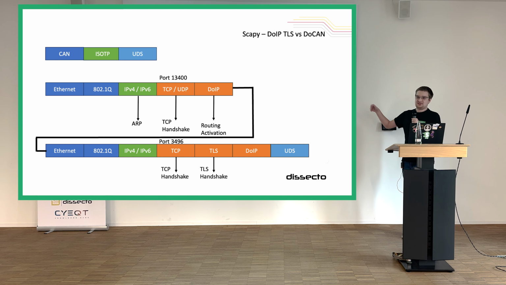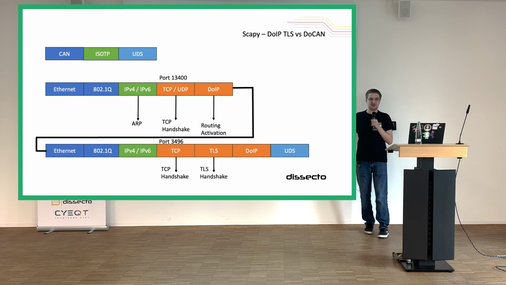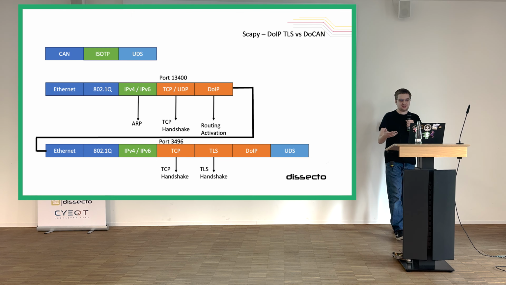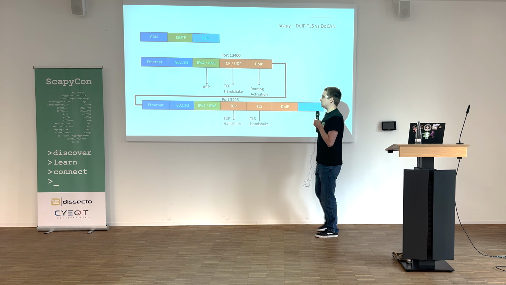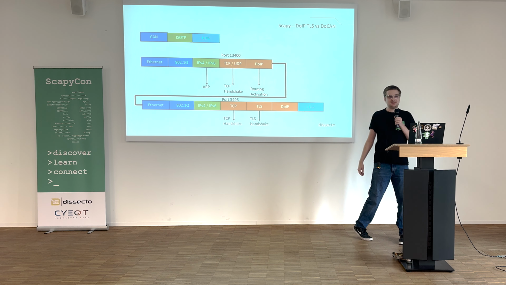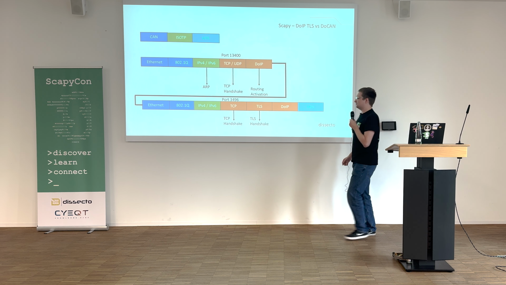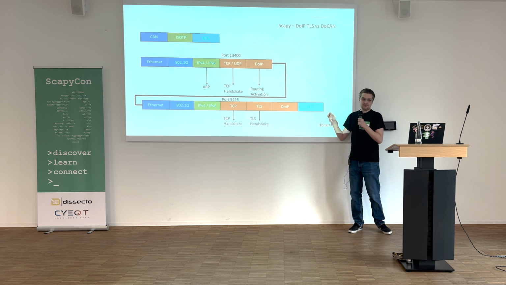This is the standardized way. We first communicate unencrypted until the ECU tells us, please change to an encrypted channel. So we close the whole connection we had, and then make a different connection at a different port, and then use TLS. This leads to even more overhead because we need to do the TCP handshake again, the TLS handshake, and then DoIP again.